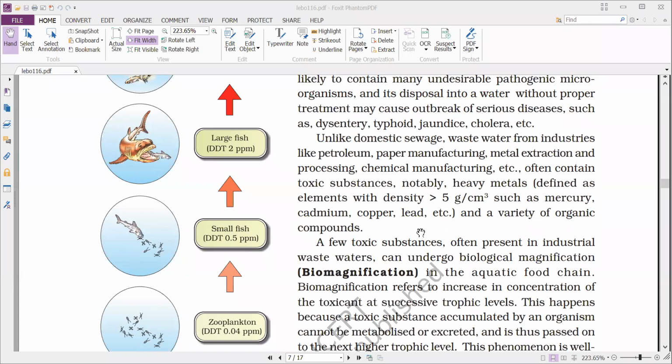But the deer has eaten 100, so 0.0001 into 100, because it is not lost into the atmosphere, since it is not metabolically utilized. It will remain as it is in the plant, and whatever is present in the plant will enter into the herbivore. So as the herbivore is eating 100, the accumulation now comes to 0.01 parts per million.